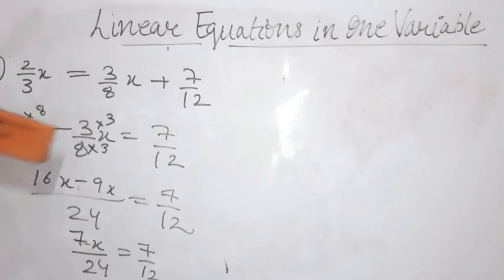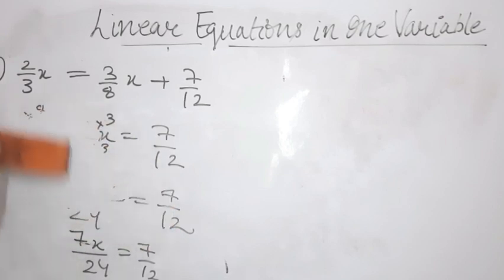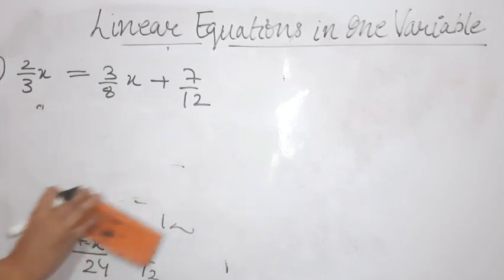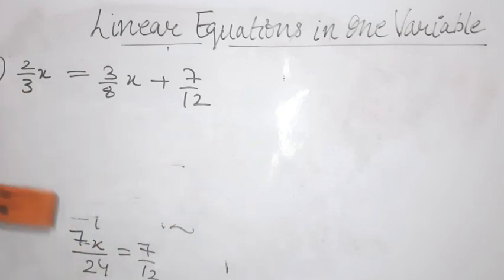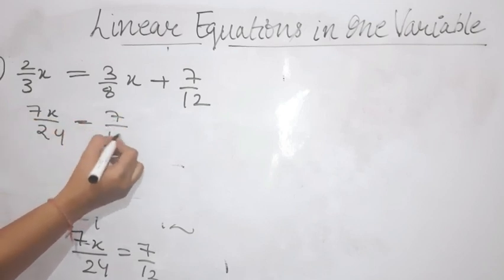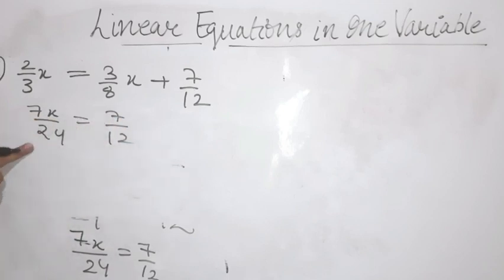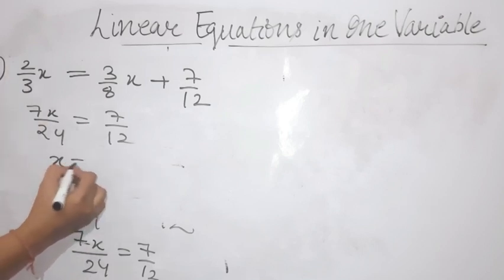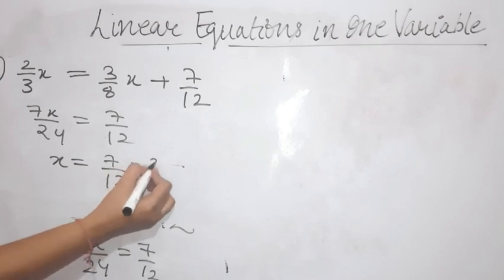Now to obtain the value of x, let me write the next step over here so that it is visible to all the students. 7x upon 24 is equal to 7 upon 12. This 24 is in division with x. Once it goes on the right hand side, it will be in multiplication.